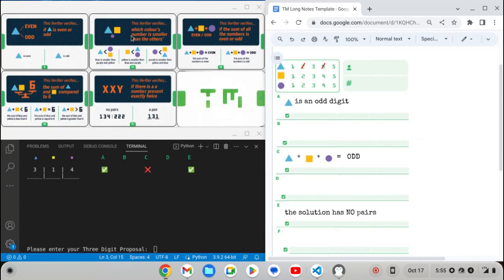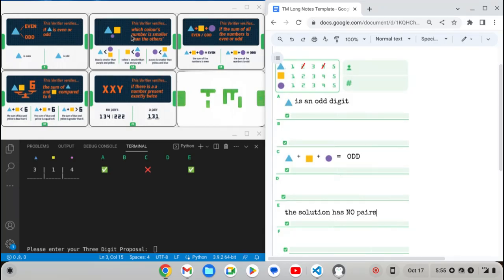So that means that no, you can't have the same digit repeated 3 times because any one digit is not smaller than itself. So we can conclude here that they are going to be all distinct digits. So yeah, no pairs, but they are going to be all different.